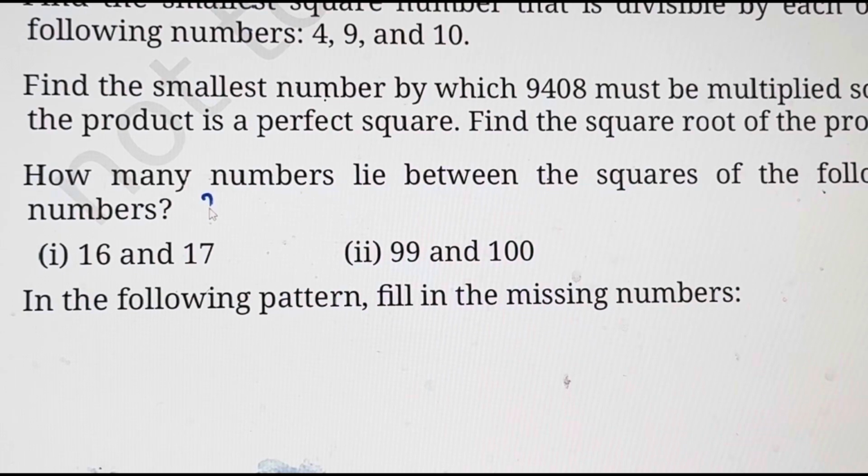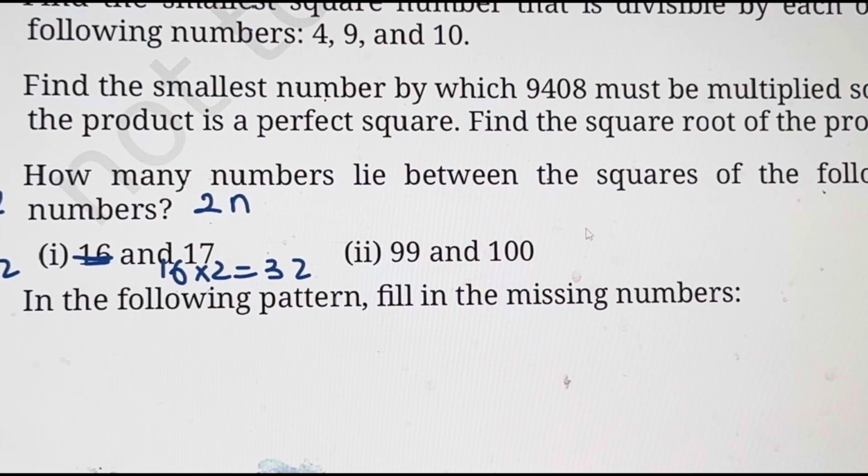The formula was 2n. So whichever is the smaller number, like 16, here the 16 is smaller number, so 16 into 2, 32. So there will be 32 numbers between square of 16 and 17 square, right? So the numbers will be 32.